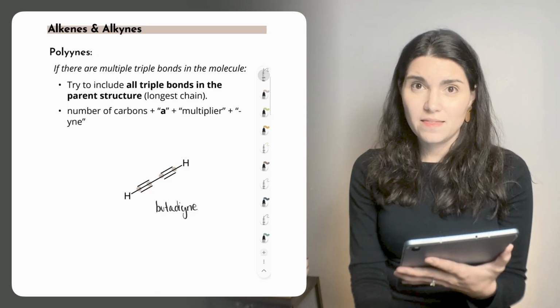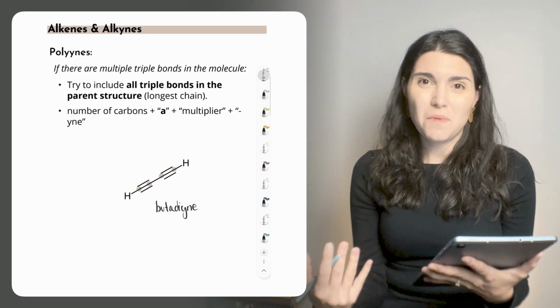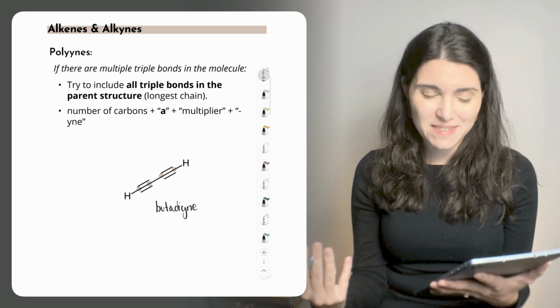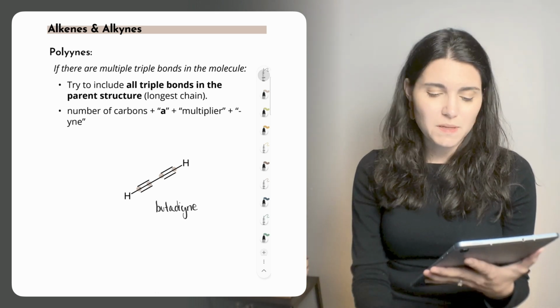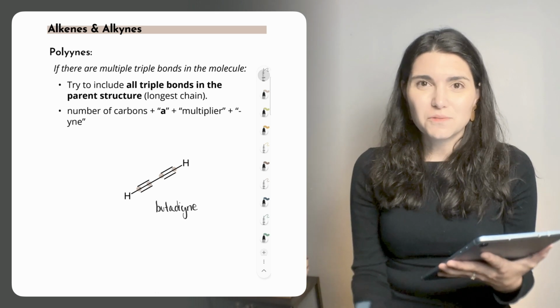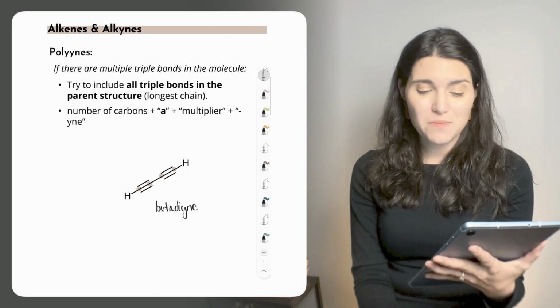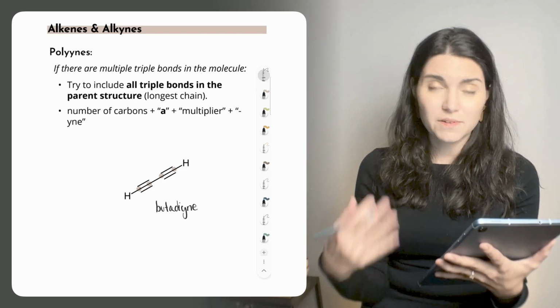Now we put the A in there because it helps the molecule sound nicer when we pronounce it. If we didn't put the A in, it would just be butdiyne. That sounds a little rough. So the friendly folks at IUPAC decided that they would stick an A in there for pronunciation's sake.